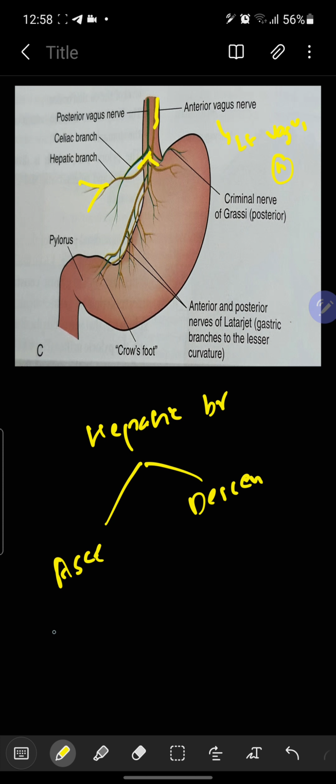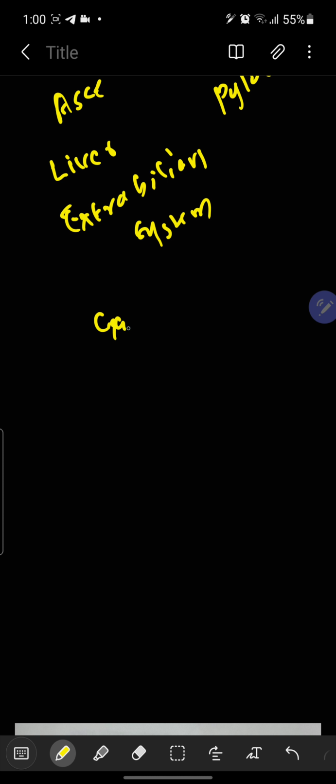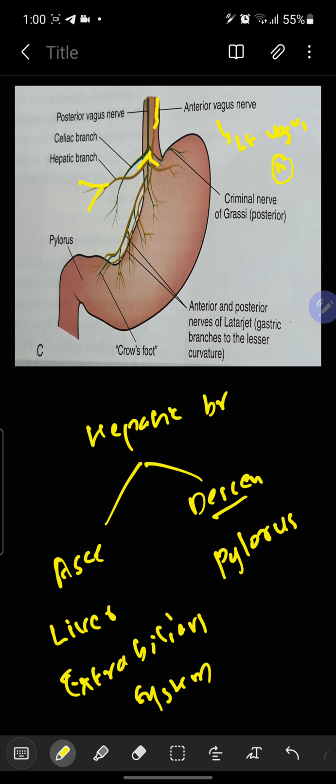The ascending part supplies the liver and extrahepatic biliary system, whereas the descending part supplies the pylorus region. The gastric branch gives rise to Latarjet nerve. Here you can see the anterior and posterior nerve of Latarjet. It is a gastric branch to the lesser curvature.